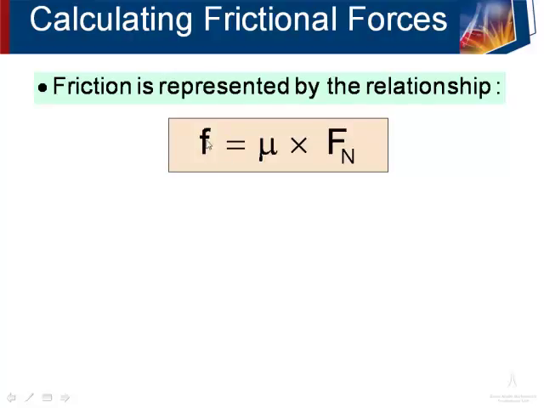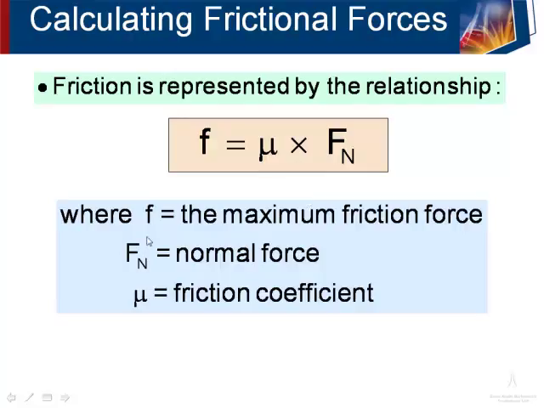Frictional force equals, this is a symbol for coefficient of friction, times the normal force. So F is the maximum friction force. F with a subscript n is the normal force, and this symbol is the frictional coefficient. We use this formula to calculate the frictional force.